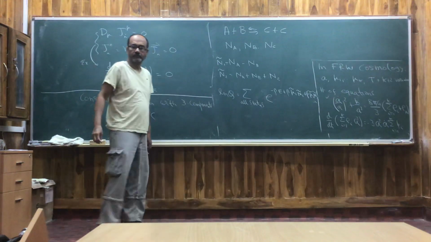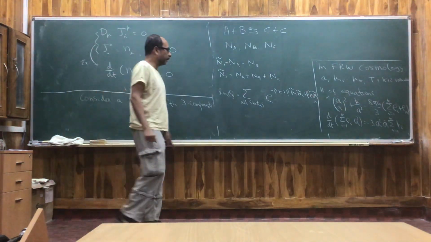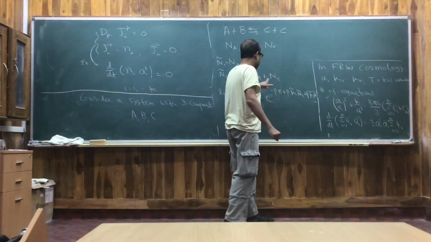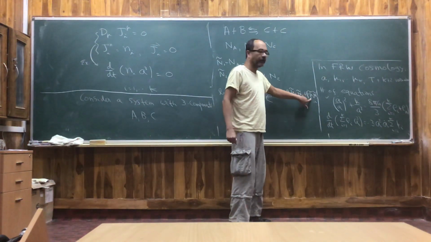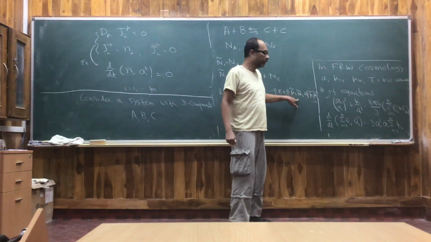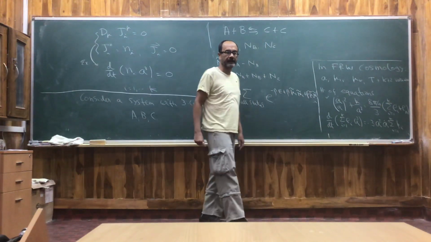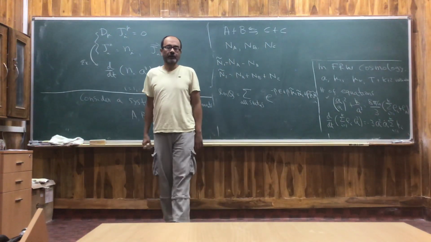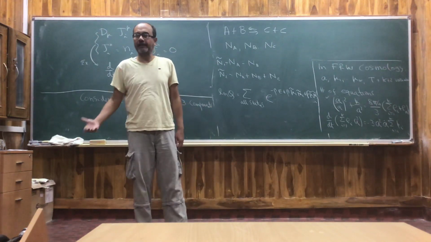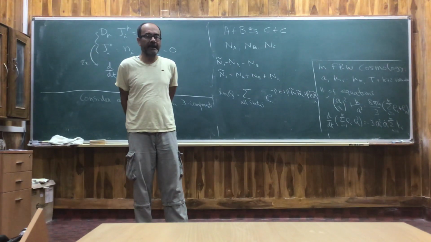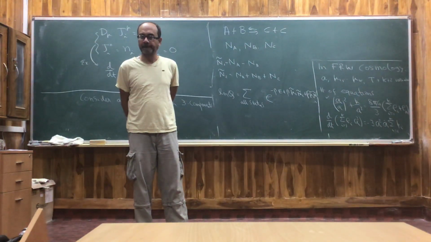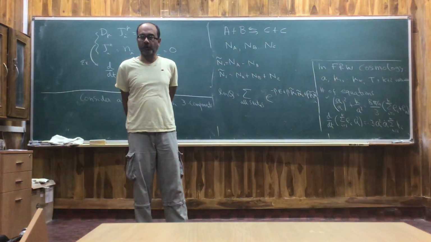So you don't introduce chemical potentials for Na, Nb and Nc. Instead you introduce chemical potentials only for the conserved charges, mu1 tilde and mu2 tilde. The other linear combination, which is not conserved, has no chemical potential. This is a generalization of the fact that if the particle number is not conserved, you set mu equal to 0. Here it's not that nothing is conserved, some things are conserved. So for those you introduce mu, but for others you don't.